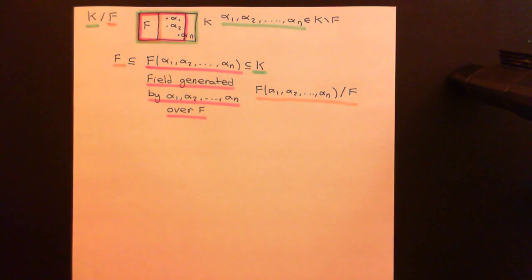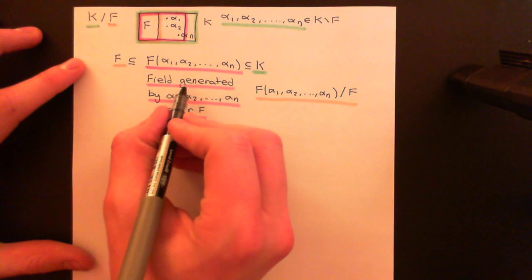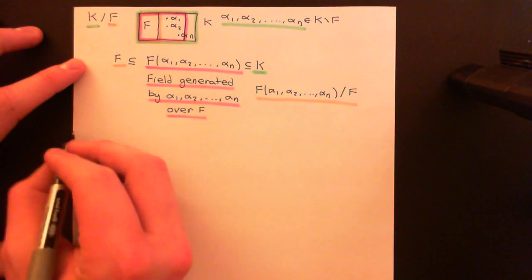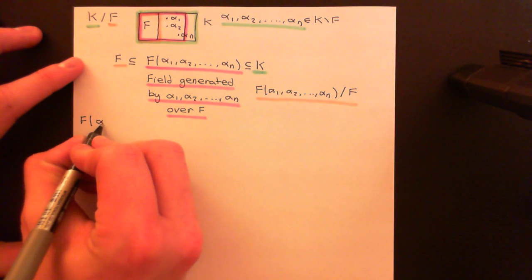Okay, so I've had a very general definition here. I've had an arbitrary number of elements that you're trying to put in, basically. But you can just do this with one element. So now let's say we just want to generate the field over F that contains a single element. We might want to put in alpha here.